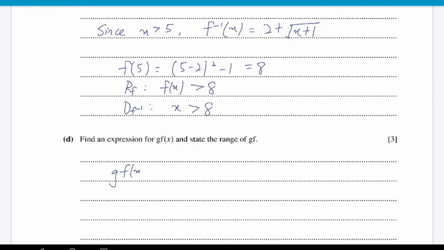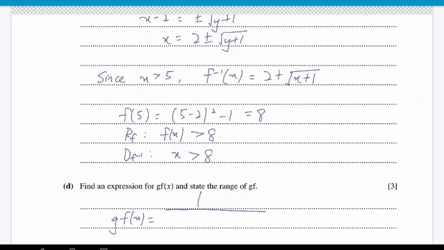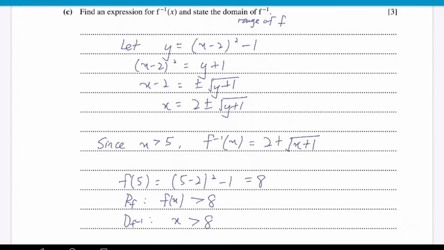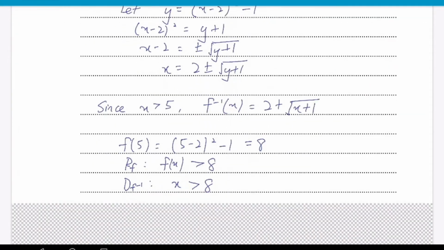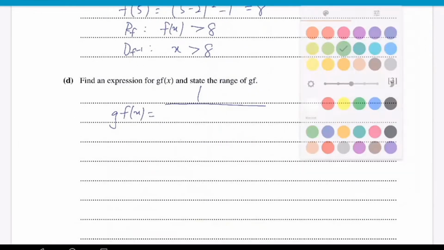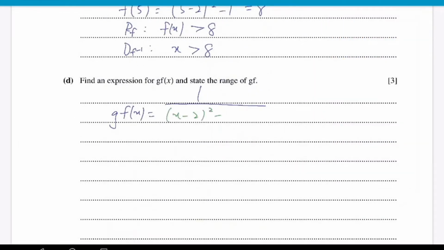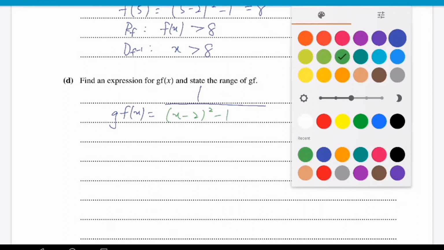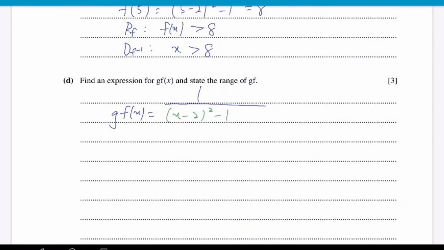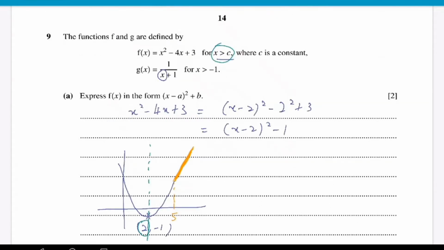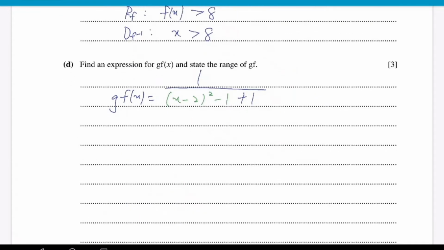So gf(x) is equal to 1 over this whole thing; here we need to sub in this expression, x minus 2 squared minus 1, which is our f(x), and we have to plus 1. Because g(x) looks like this, we need to sub f(x) into here. So at last, it gives us a very nice expression at the end: 1 over (x minus 2) squared.